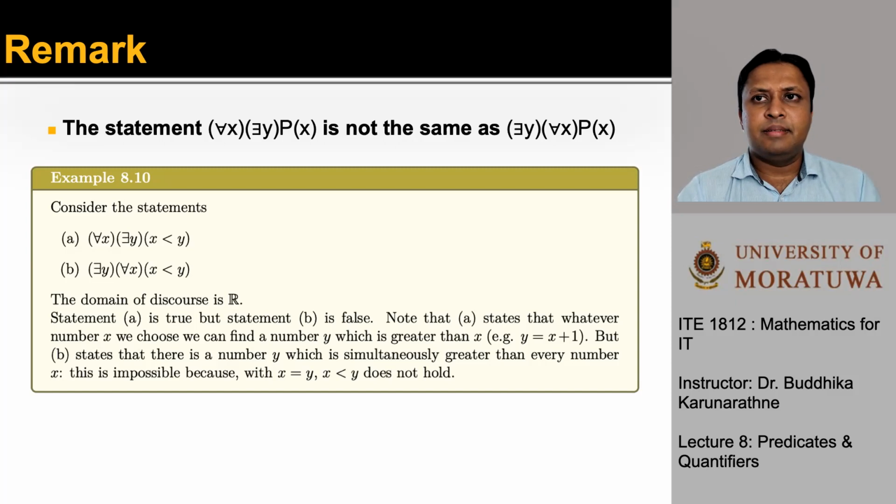But statement B states that there is a number y which is simultaneously greater than every number x.